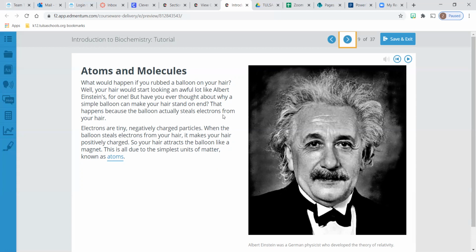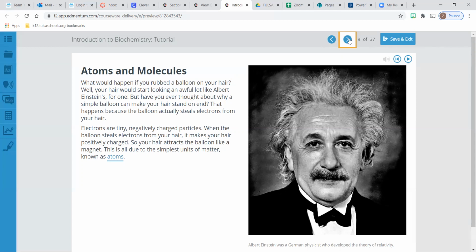These electrons are super, super tiny, negatively charged particles. When balloons steal electrons from hair, it makes your hair positively charged. And what do negative and positive charges do? They are attracted to one another. So the now negatively charged balloon is attracted to your positively charged hair.